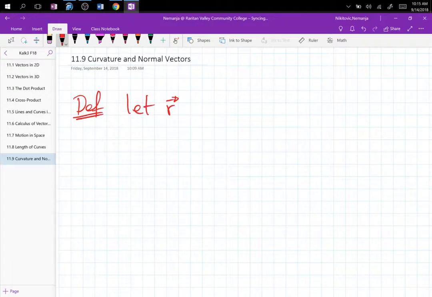Let r describe a smooth parametrized curve.